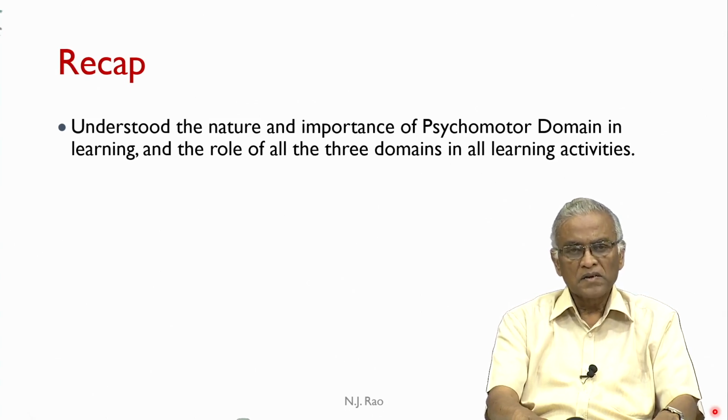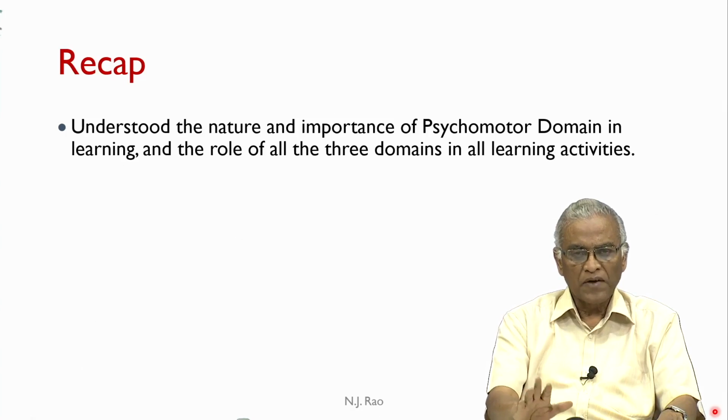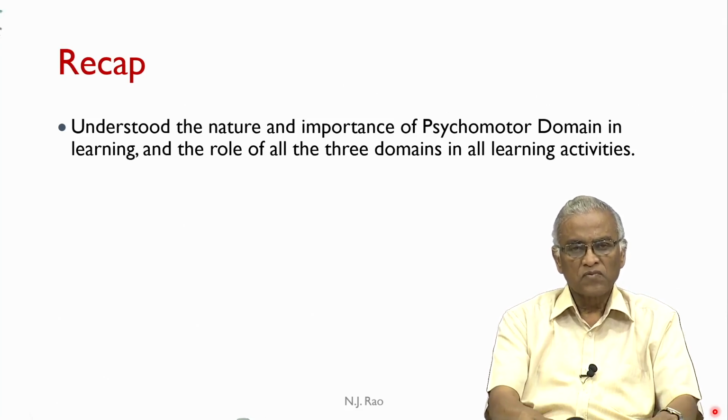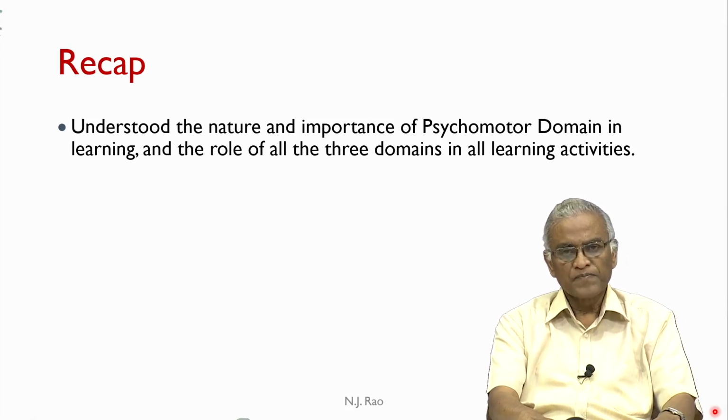Another thing we noted is that as you go higher up in the levels of the affective and psychomotor domains, the level of cognitive activity also keeps on increasing with it. So, these are the points that one needs to remember when you are dealing with the three domains.